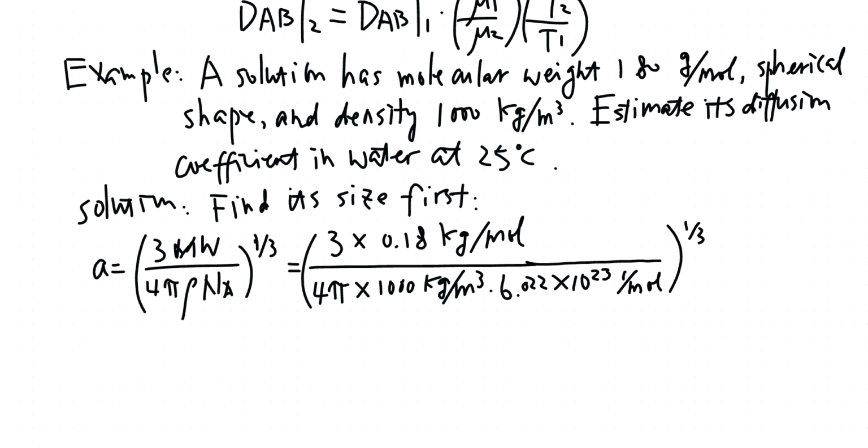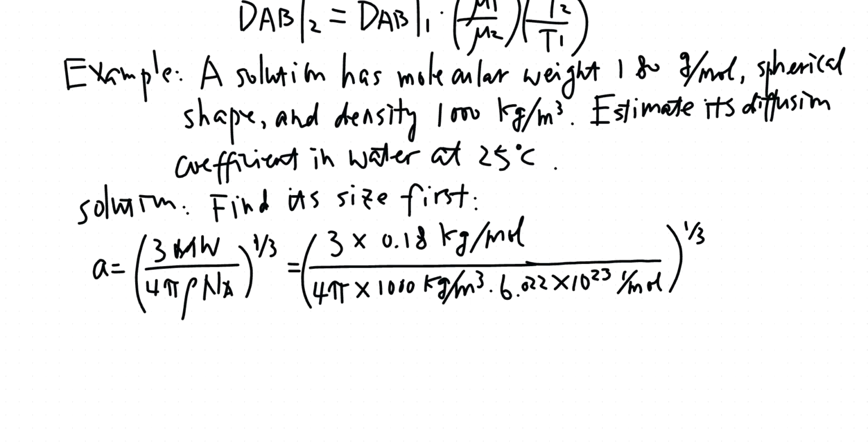Now you can see the per mole cancels from the numerator and the denominator. The kilogram cancels. You're left with meter cubed. And then if you take the power of 1/3 of meter cubed, you get a meter. Okay, that's good. Indeed, you get something of dimension length.